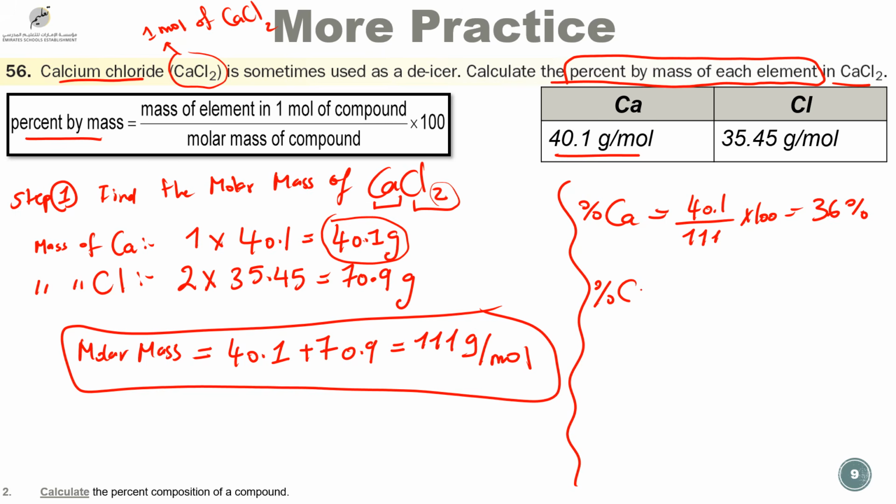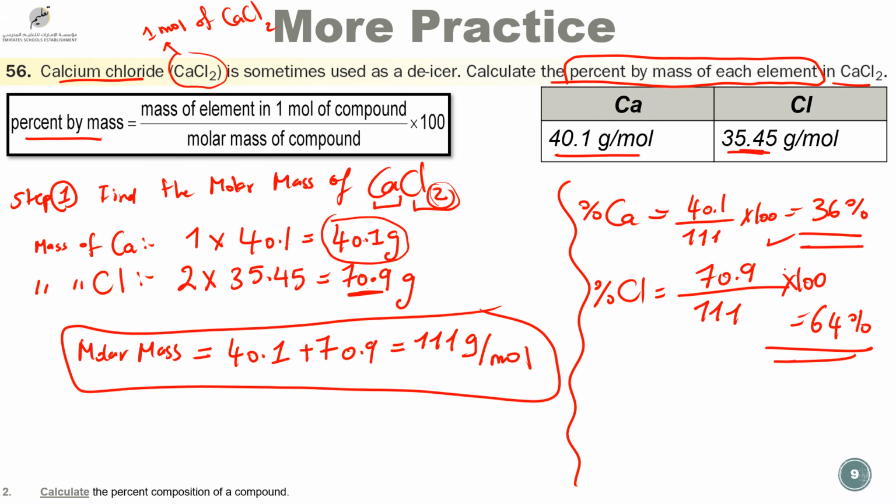And the percent of Cl will be 70.9, not 35 from here, 70.9. Why? Because I have 2 Cl over 111 times 100, so it will be around 64%. And that's it.